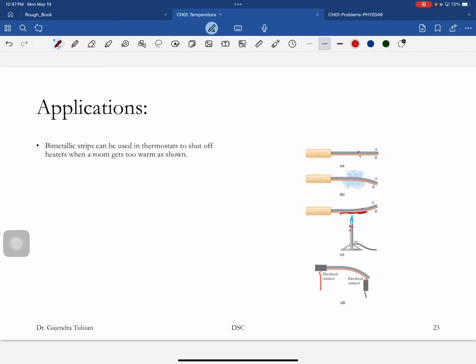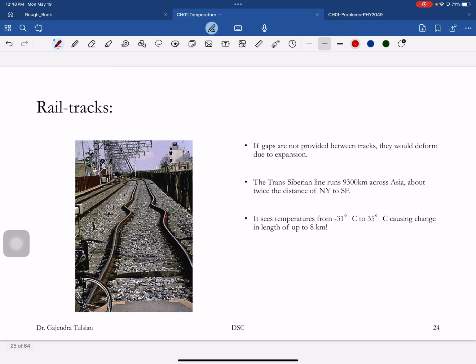You heat it, the aluminum expands more, and this thing bends in that direction. So this could have an electrical contact, and it could be a heater. Once the room gets warm enough, you would lose electrical contact, and it'll shut down the heat. So you could build a thermostat that way. This is called a bimetallic strip. You can use this in control applications.